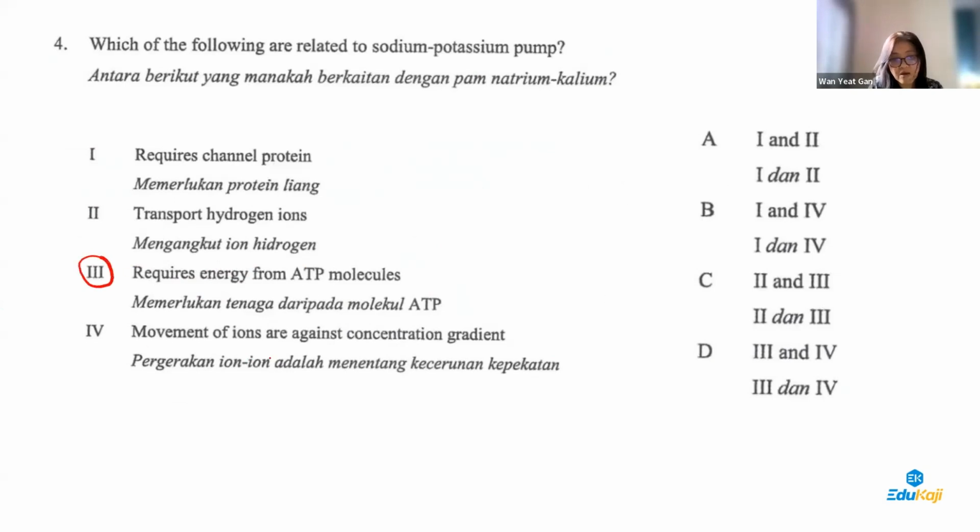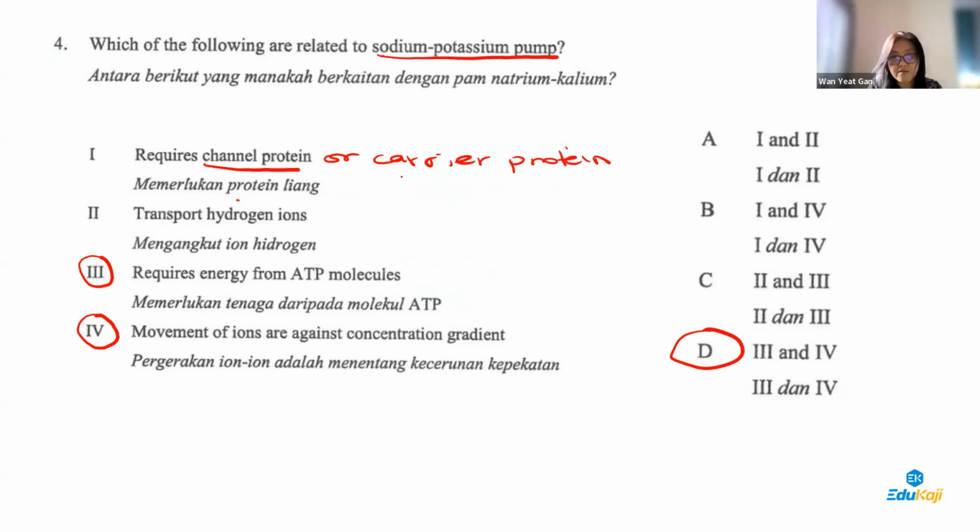And movement of ion are against concentration gradient. So the answer is D. Now here, is it channel protein or carrier protein? It's carrier protein. So the sodium potassium pump requires carrier protein, not channel protein. So one is wrong.